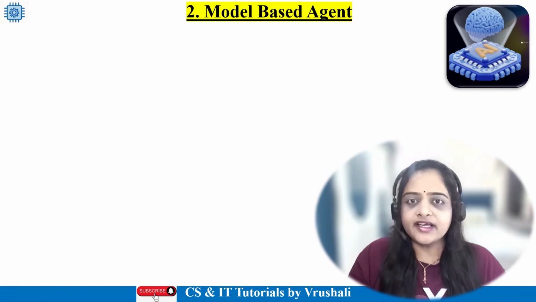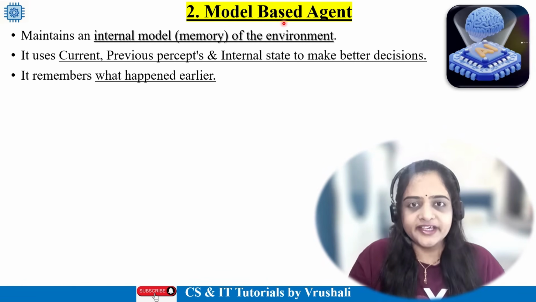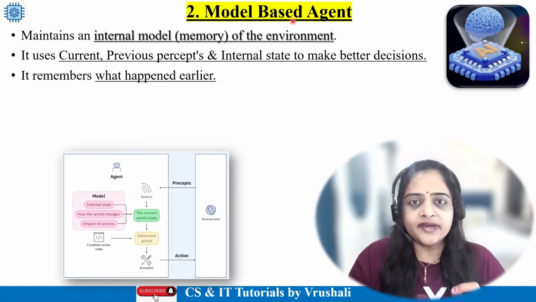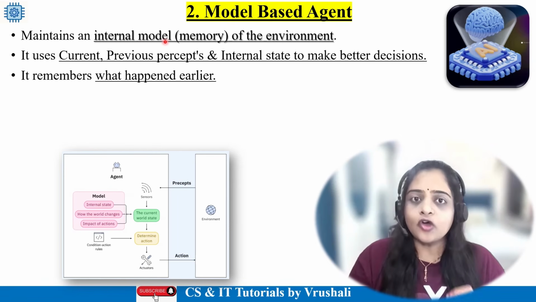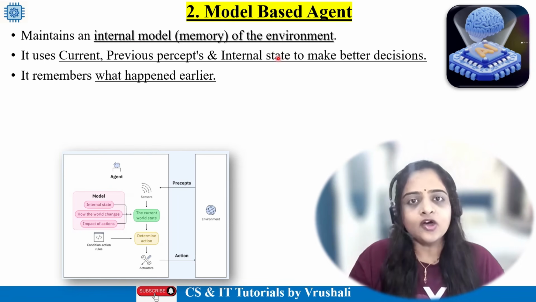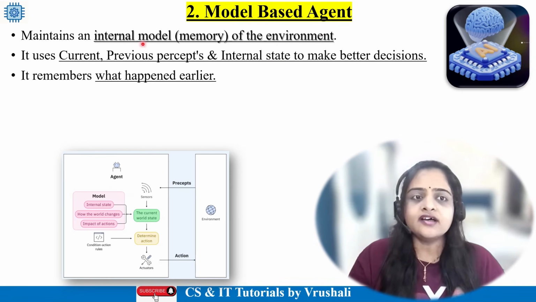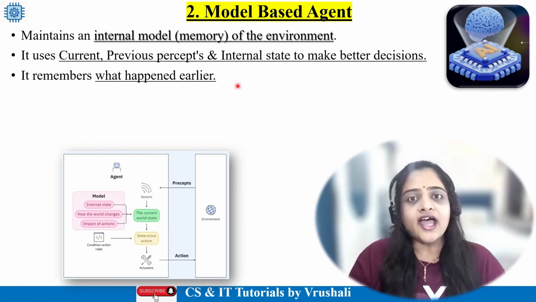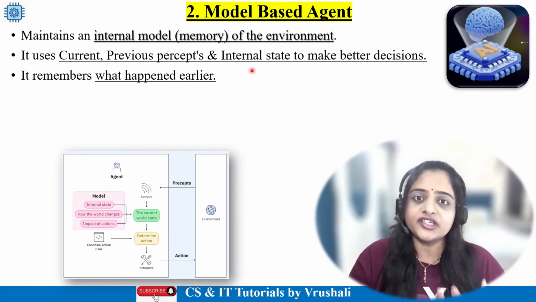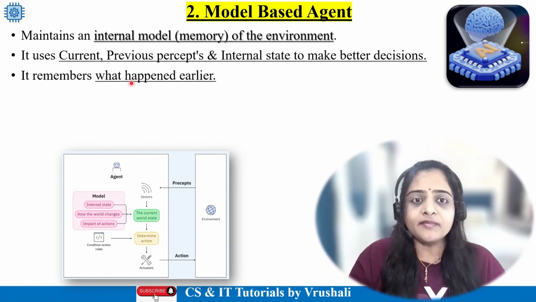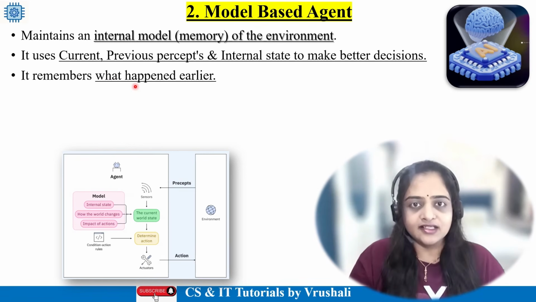Now the second one is called the model based agent. This model based agent maintains its own internal model, or we can say internal memory of the environment, because this agent stores previous, current and future predicted information in the model. It remembers what happened earlier also.